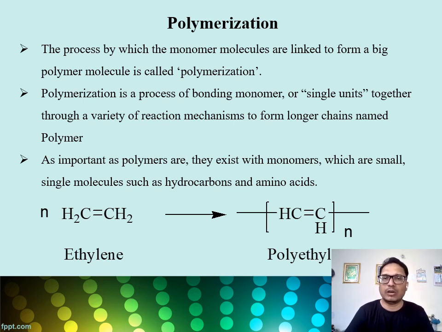Polymerization is a process of bonding monomers or single units together through a variety of reaction mechanisms to form longer chains named polymers. Polymers exist with monomers, which are small single molecules such as hydrocarbons and amino acids, etc. For example, when we take a large number of ethylene molecules, which contain a carbon double bond carbon, CH2=CH2, and this ethylene is heated, it joins together to form a large molecular weight compound called polyethylene.